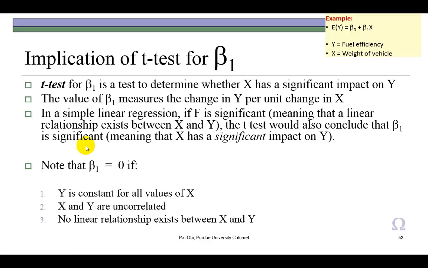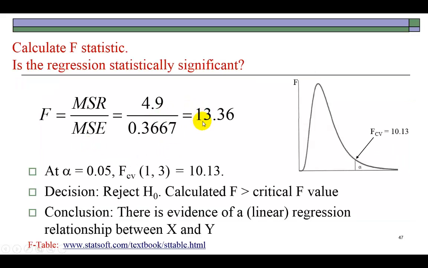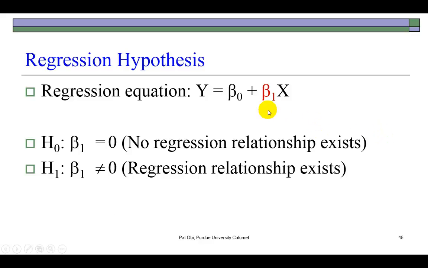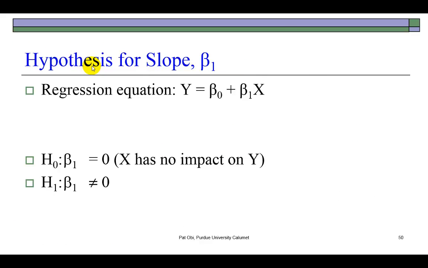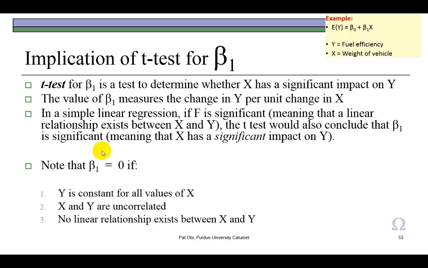In the case of the F-statistic, if you conclude that the regression is significant in that the F you calculate exceeds the critical value, then you should know right away, even without performing any calculations, that the t-statistic with respect to the slope parameter is also going to be significant, because the statement of hypothesis is the same for the regression as well as the slope, even though the two statistics have different distributions.